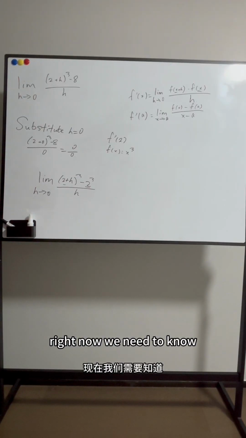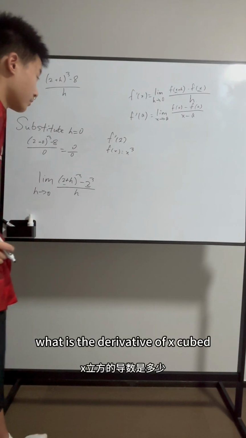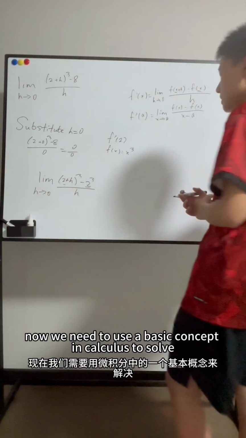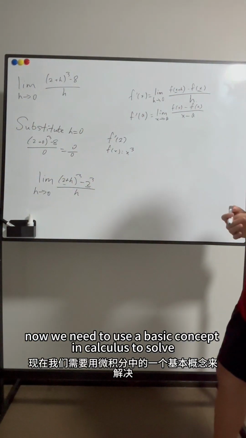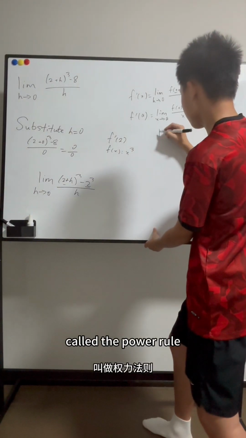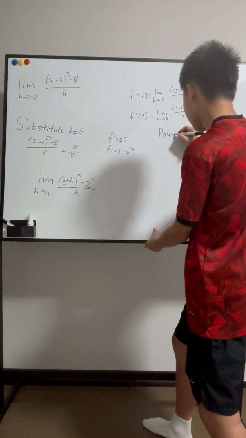Now we need to know what the derivative of x cubed is. We need to use a basic concept in calculus to solve the derivative, called the power rule. So I'm going to write it right here real quick.